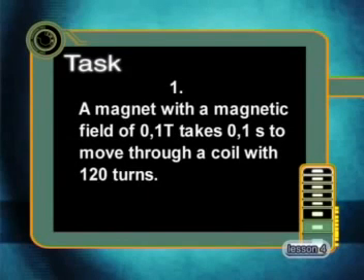Here are two different situations. A magnet with a magnetic field of 0,1 Tesla takes 0,1 seconds to move through a coil with 120 turns. A magnet with a magnetic field of 1,1 Tesla takes 1,5 seconds to move through a coil with 200 turns.